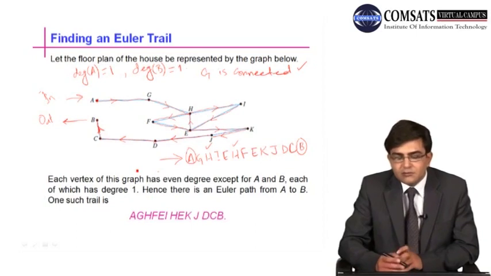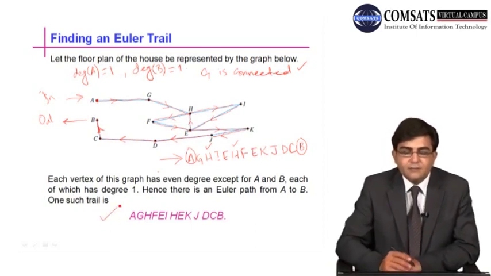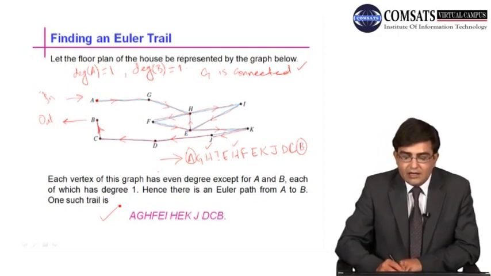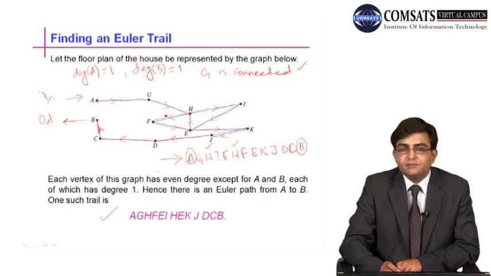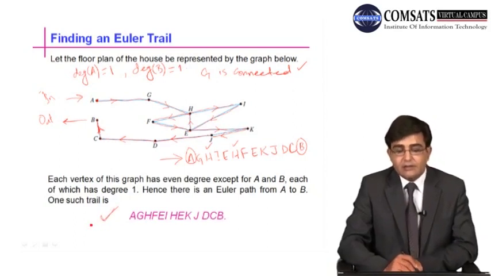You can construct some different Euler path. For example, this is again another Euler path from A to B, but it uses some different path, but it is still an Euler path.